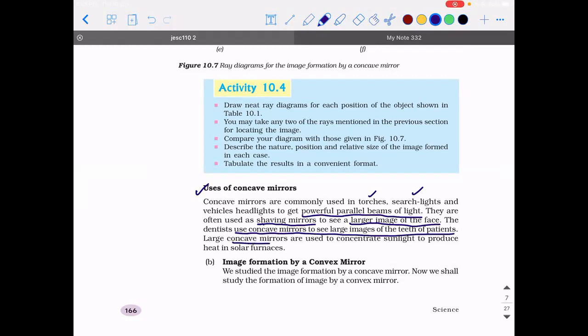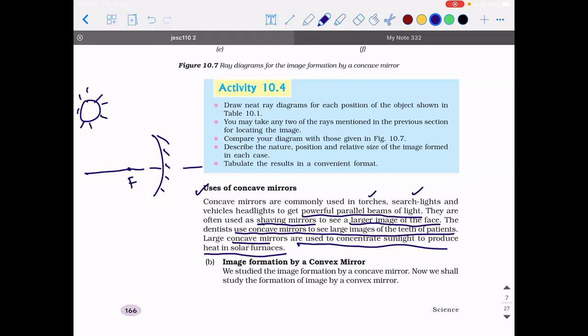Large concave mirrors are used to concentrate sunlight to produce heat in solar furnaces. Generally, the sun is at infinity, right? So when the object is at infinity, where will the image be formed? It is going to be formed at the focus, right?